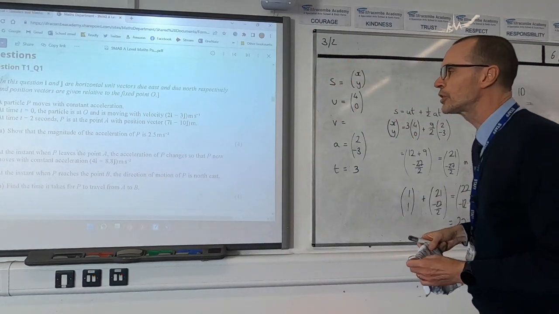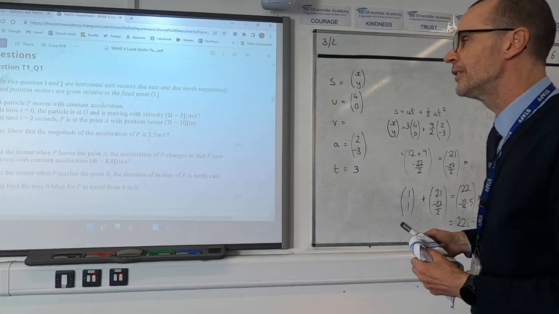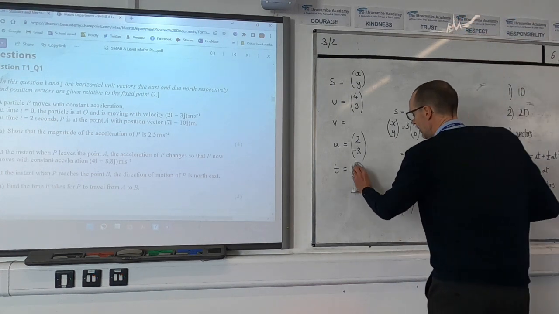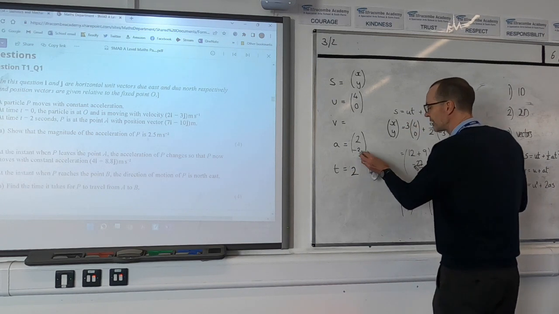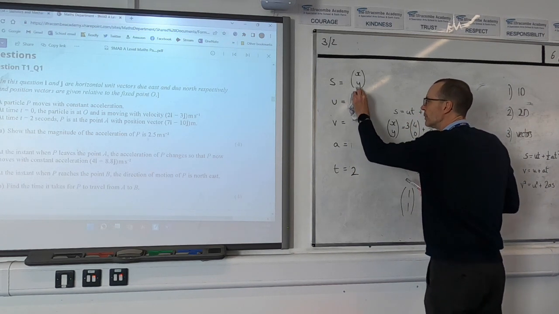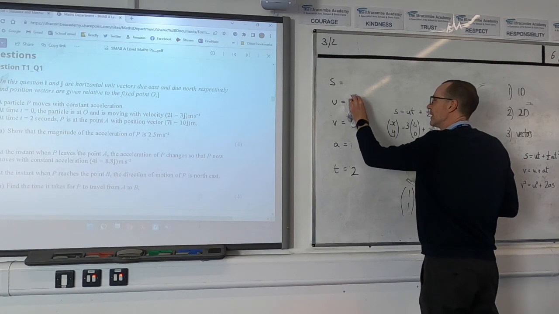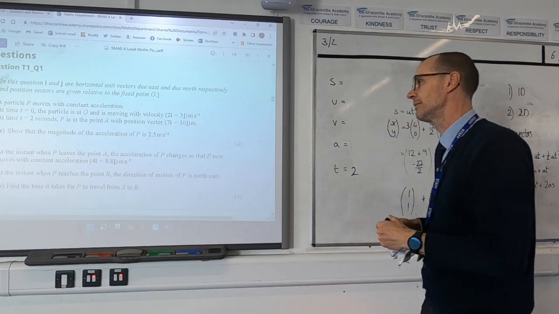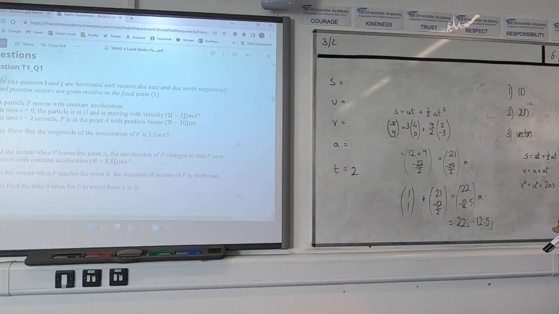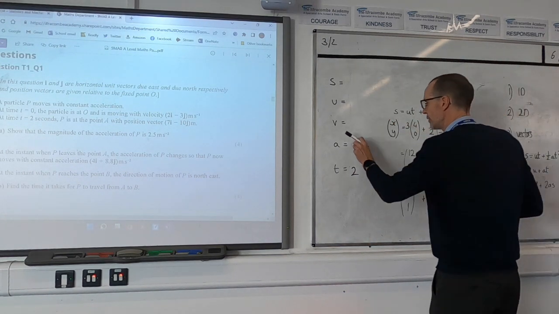So see if you can Suvat this problem up for that first 2 seconds. So make t equal 2. See if you can fill in the other bits, and then see if you can work out the acceleration. We're to show that the magnitude of acceleration, which is the hypotenuse, is 2.5. So see if you can Suvat that bit up.